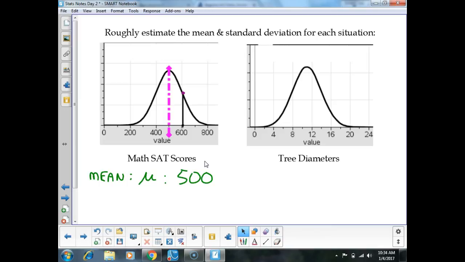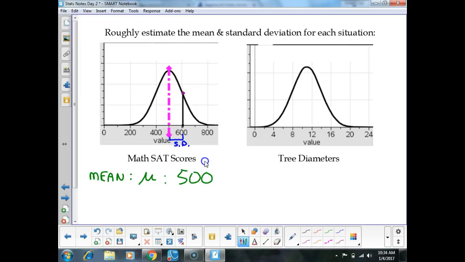So roughly, what is the standard deviation? The standard deviation is the distance between where we drop that line down and the mean.